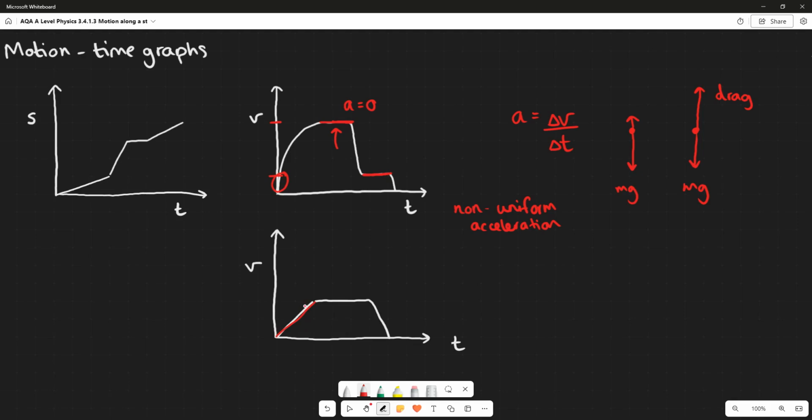The gradient is constant, so the acceleration is constant. Here we have another straight line section telling us that acceleration is constant. It actually has a value of zero because it's a flat graph. The velocity is the same value all along this section. And then here we have a negative but constant acceleration as the graph goes downwards. So this is an example of uniform acceleration, where the acceleration has a fixed value.